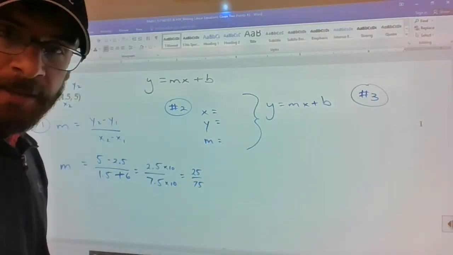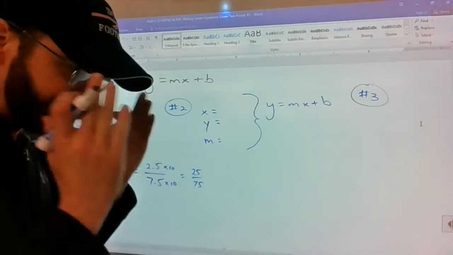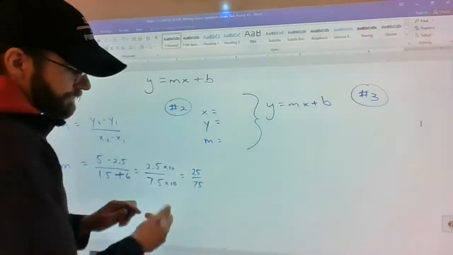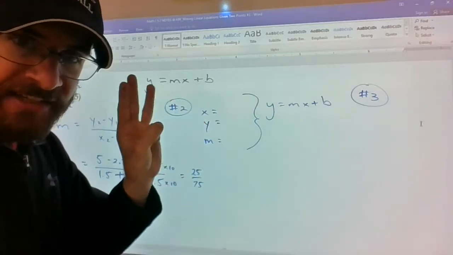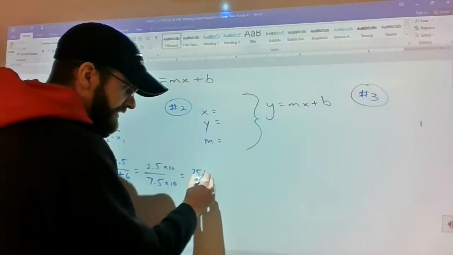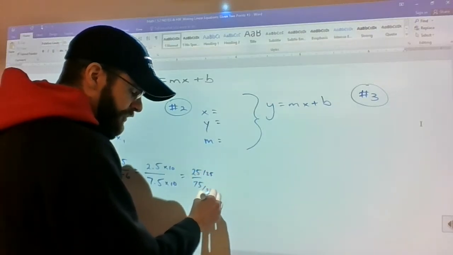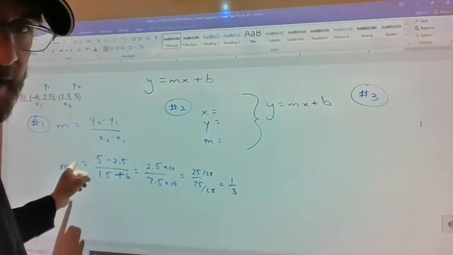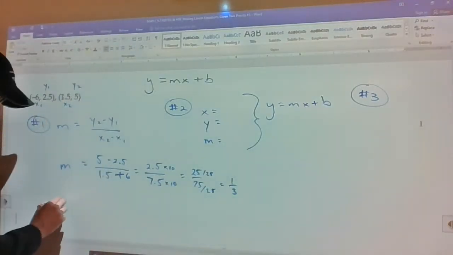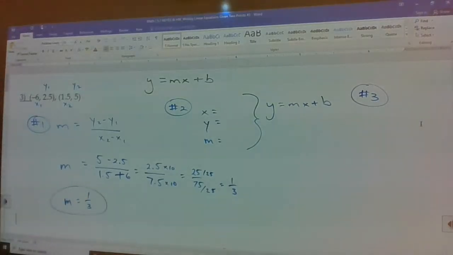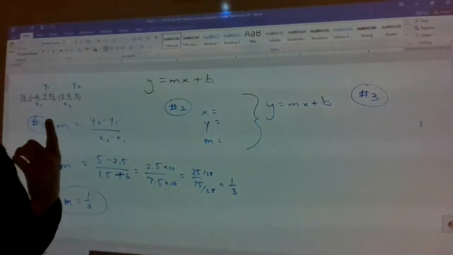Now, for a lot of people, that makes it a lot easier to see what the actual reducing fraction of that is. 25, 50, 75. So you can actually divide the top by 25 and the bottom by 25 and get 1/3. So m turns out to be 1/3. All right, step 1 complete.